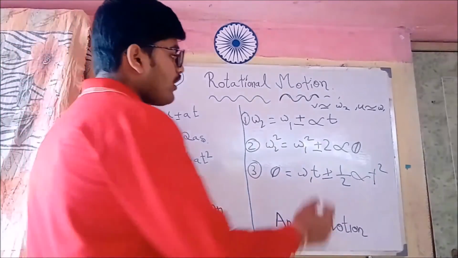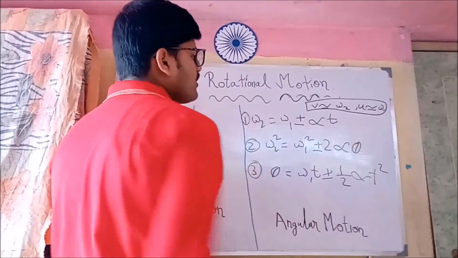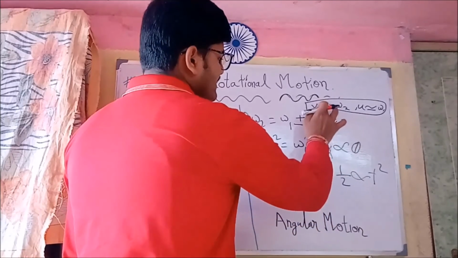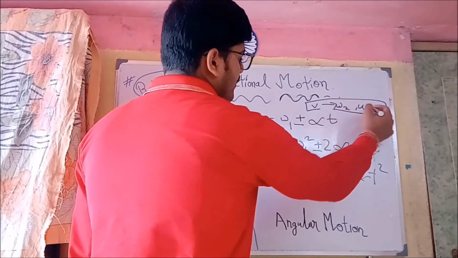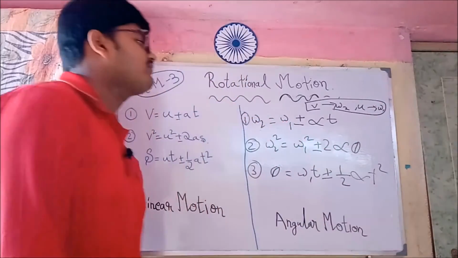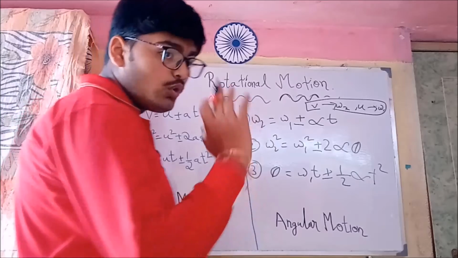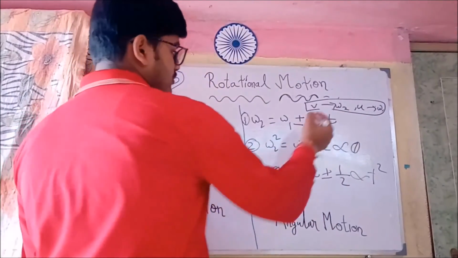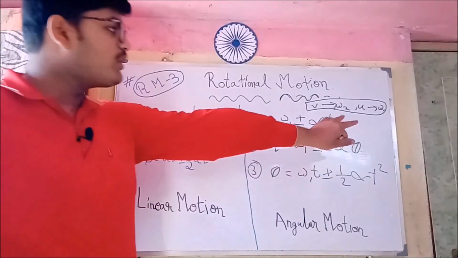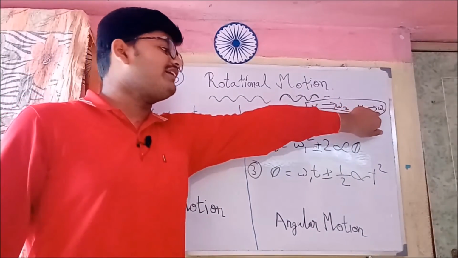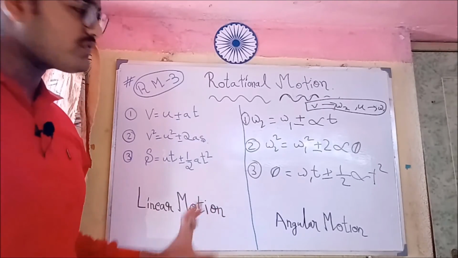Now don't forget to remember this trick, as v is replaced by omega 2 and u is replaced by omega 1. Don't confuse it with the magnitudes, as v and u are never equal to omega 2 and omega 1 in physical terms of angular direction or vector forms.